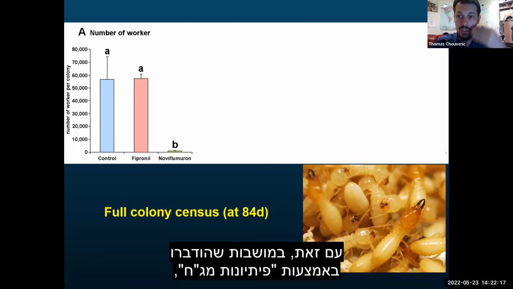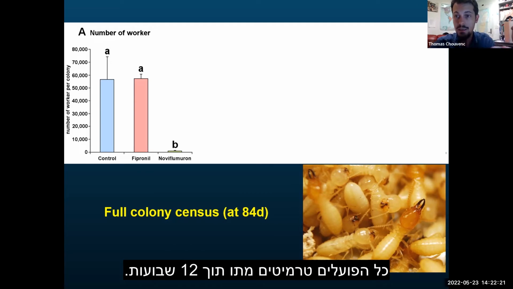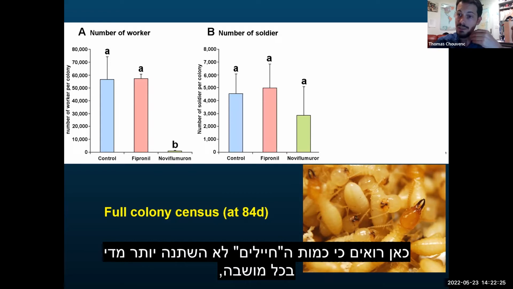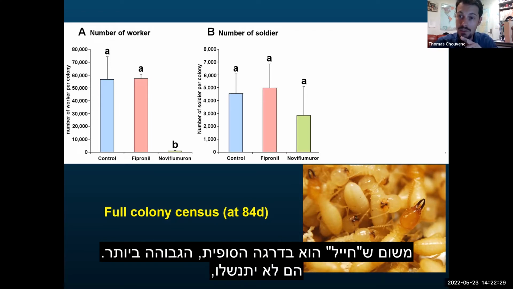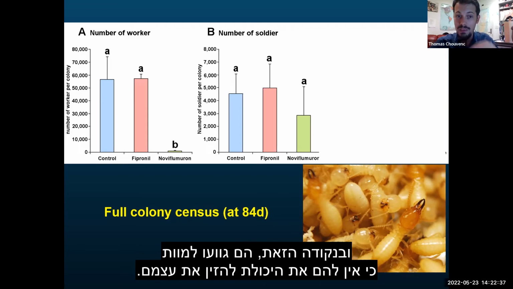However, in the colonies treated with noviflumuron, virtually everybody was dead by 12 weeks. The number of soldiers didn't change much for the noviflumuron-treated colony because soldiers are a final caste. They don't molt. Therefore, they're still waiting at this point for workers to feed them. And at this point, they are in the process of starving to death because they don't have the ability to feed themselves.